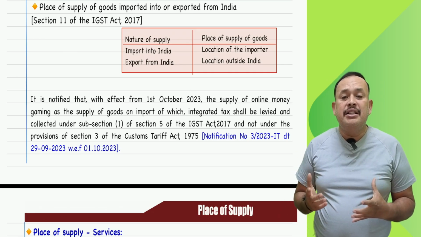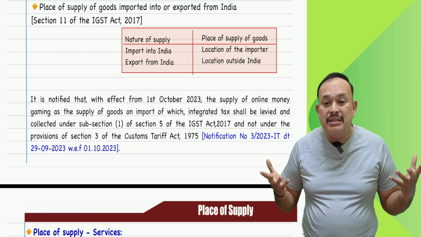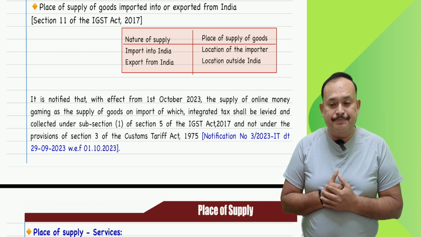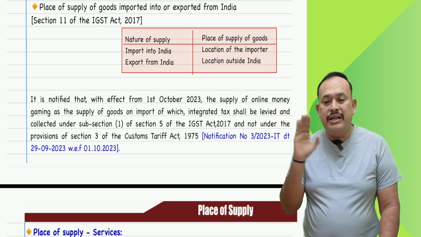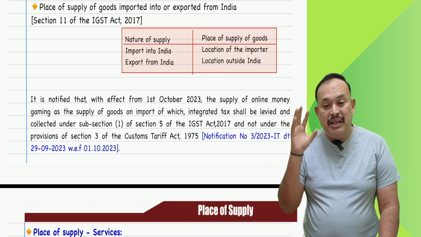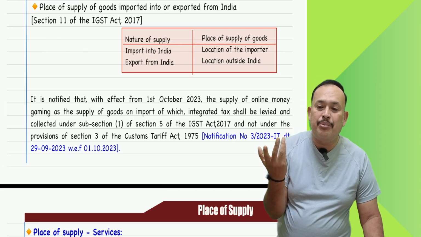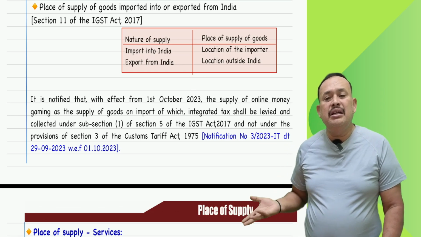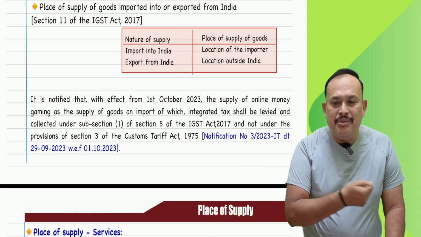If there is such an import taking place in the nature of online money gaming, the Department of Customs has no right to levy customs duty. IGST will be levied by the GST department. For which, what is the place of supply? The location of the importer is the place of supply. Got clarity, my dear friends?